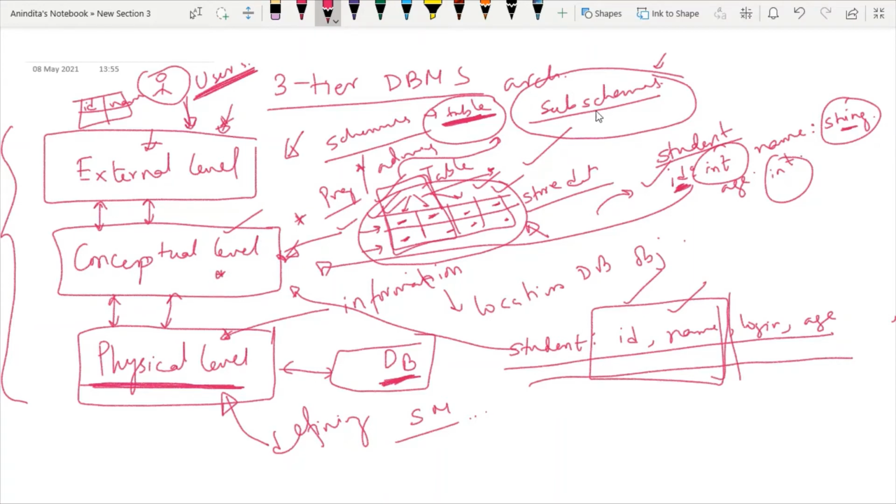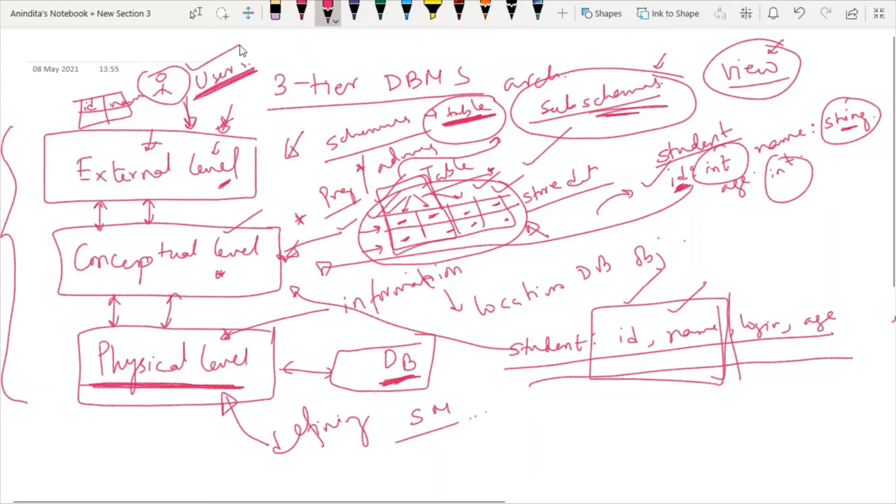The sub schema that is visible at the external level is also known as a view. A view is a schema that describes to the end users some partial information from the original relational schema.